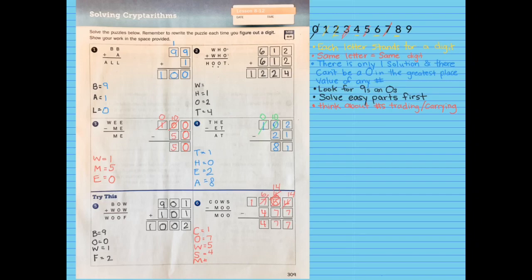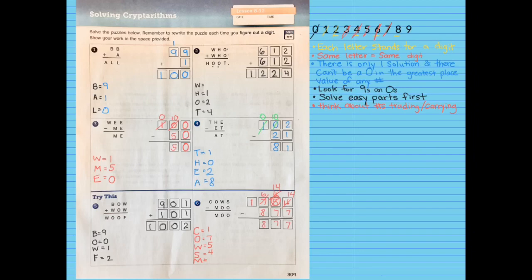Nope, we can't use that one. Mark it off. Let's look at 6. 6 minus 6 equals 6? Nope, can't use that. Let's look at 8. 6 minus 8 equals 8.